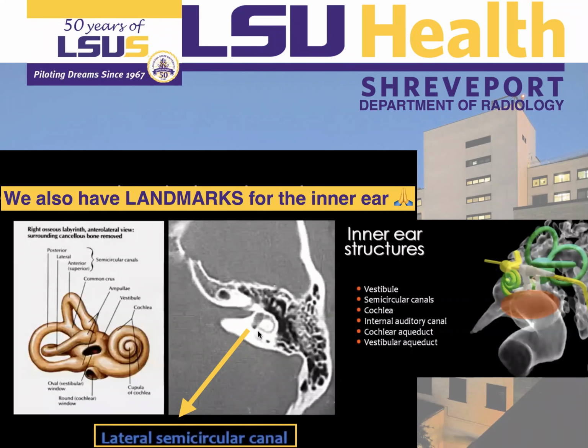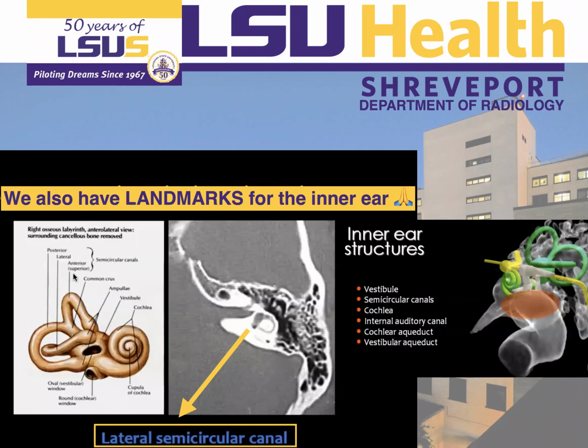This is the lateral semicircular canal. Remember that all the semicircular canals end in the vestibule. So this is the vestibule, this is the lateral semicircular canal, that is right here, okay? Always remember that the cochlea is anterior compared to the semicircular canals.